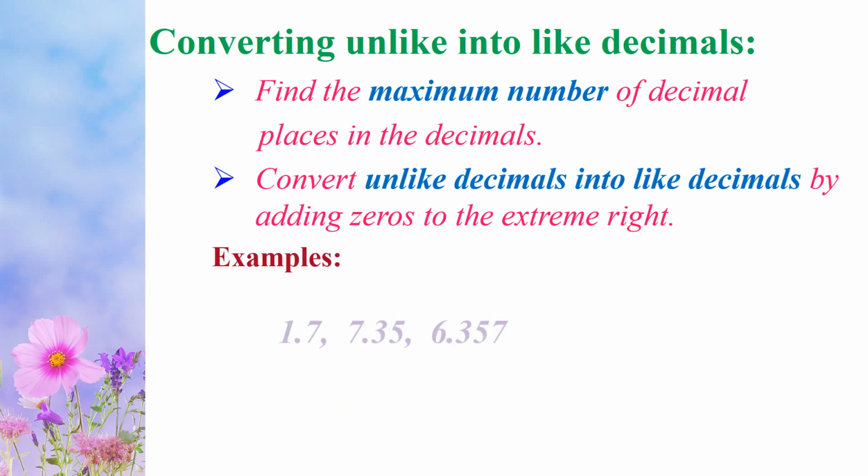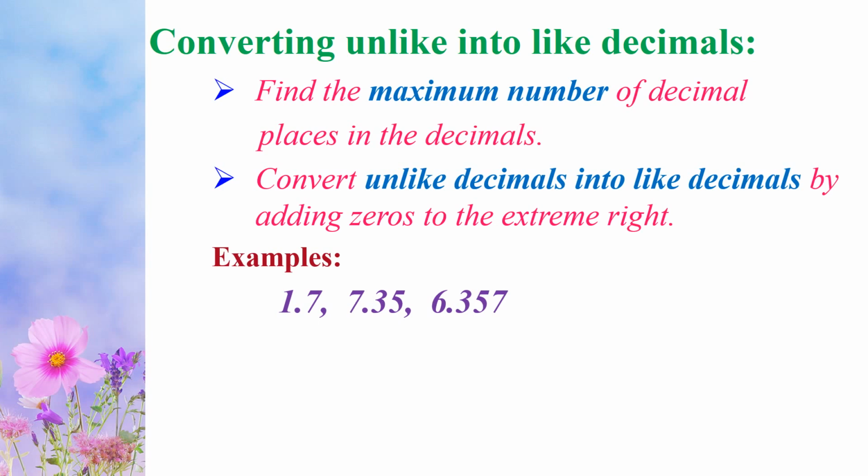The given decimals are 1.7, 7.35 and 6.357. Here the given decimals are unlike decimals because they have different numbers of decimal places.